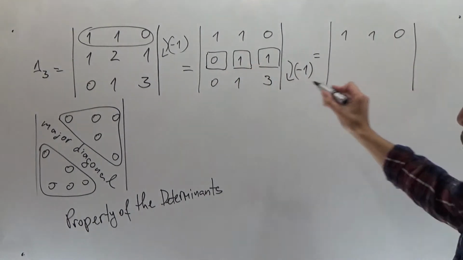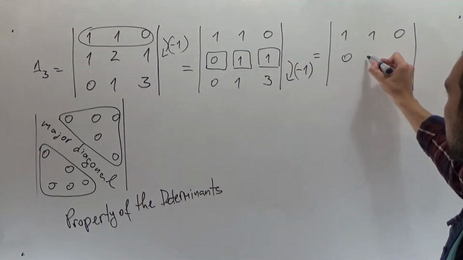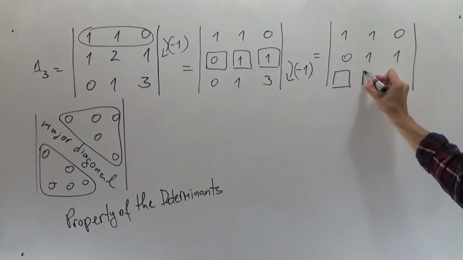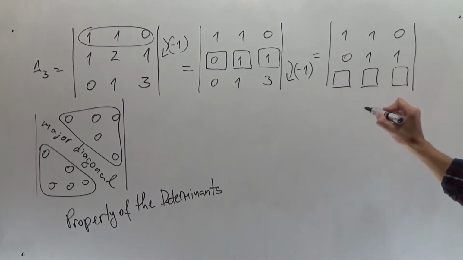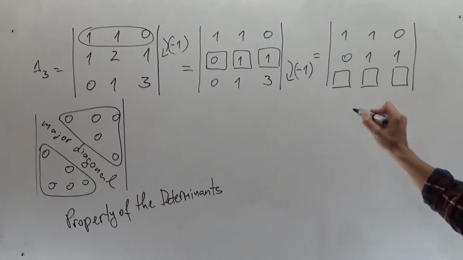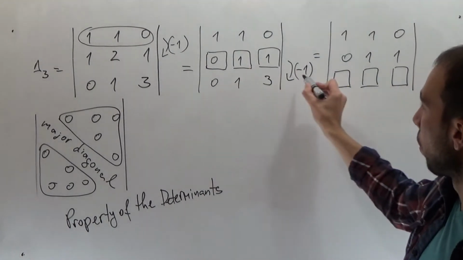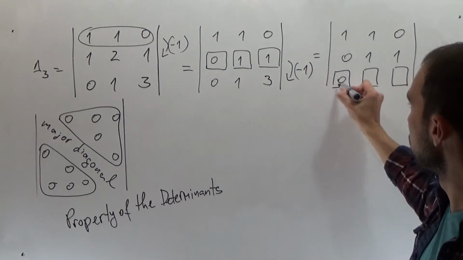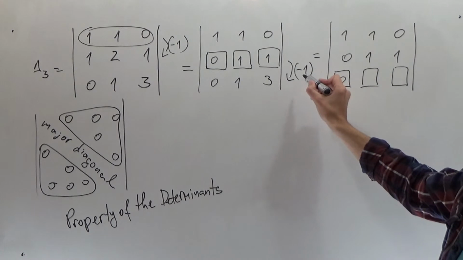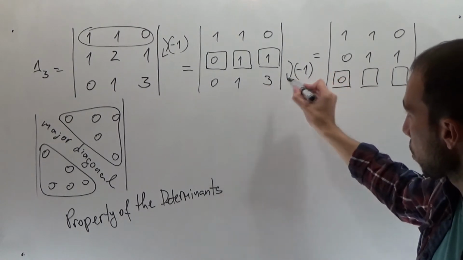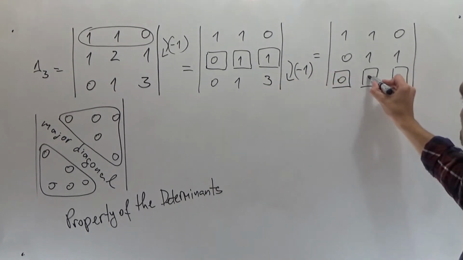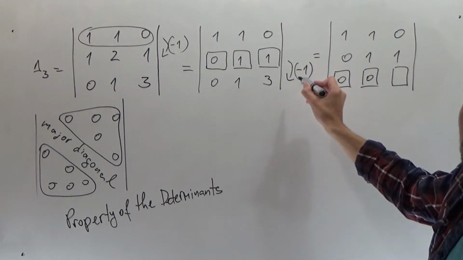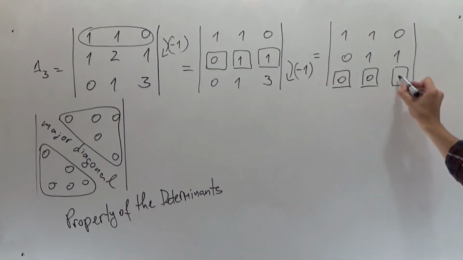Second row unchanged, and the elements of the third row will be 0 multiplied by minus 1, 0, plus 0, 0. 1 multiplied by minus 1, minus 1, plus 1, 0. 1 multiplied by minus 1 is minus 1, plus 3 is 2.